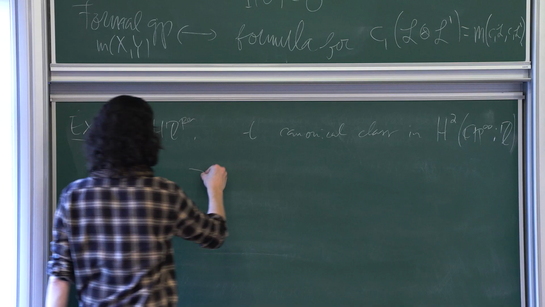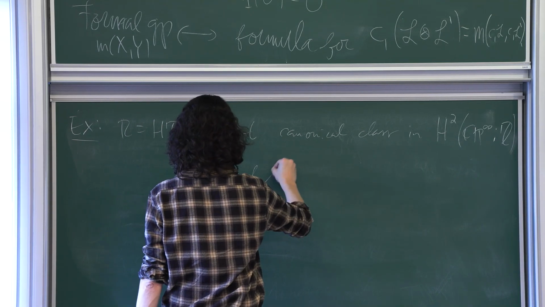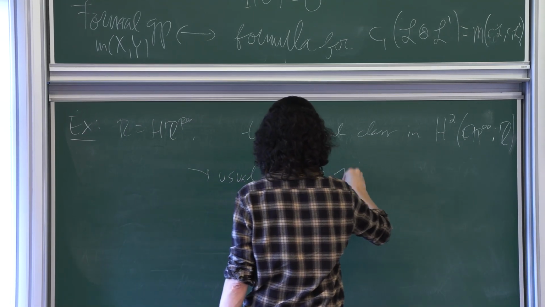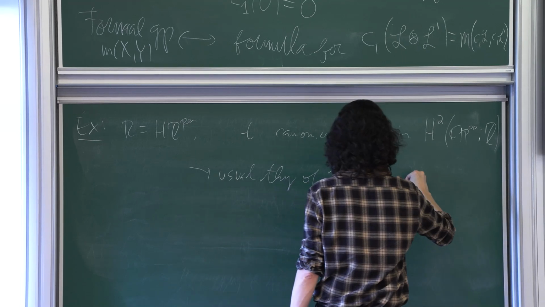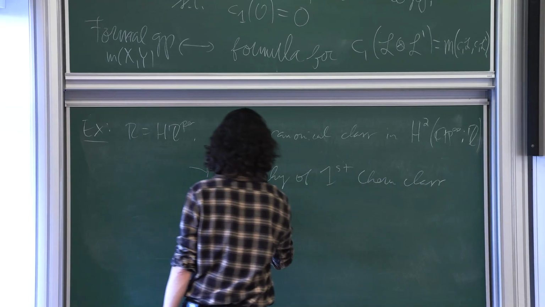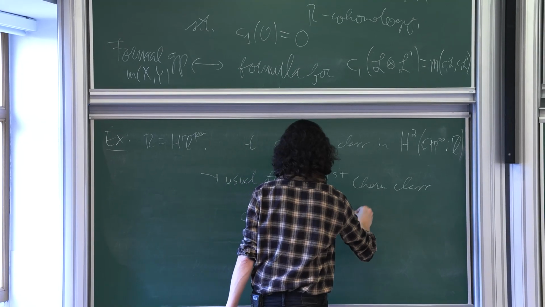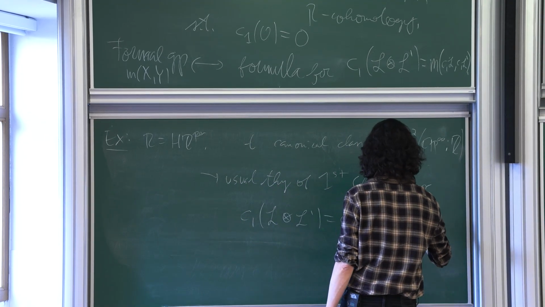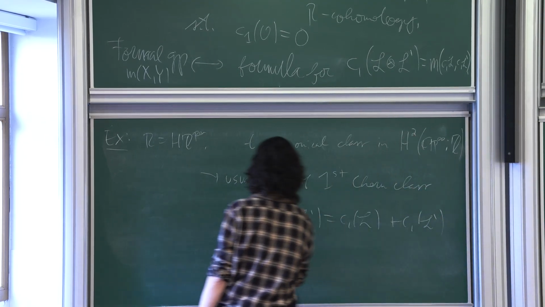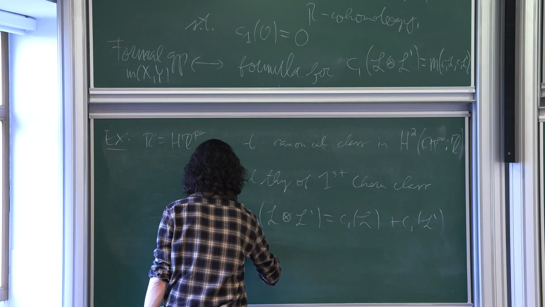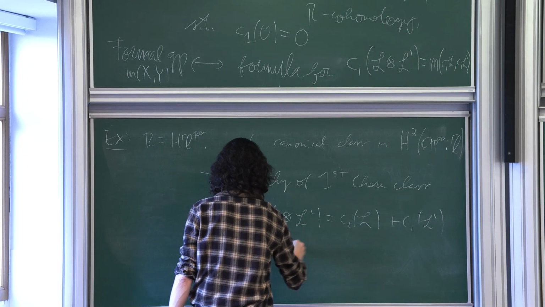Then this gives rise to the usual theory of first Chern classes. For that, C1 of a tensor product is just the sum of the C1s of each of the factors. So this gives rise to the additive group.